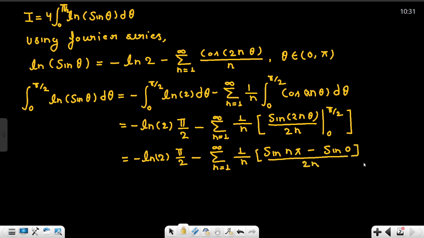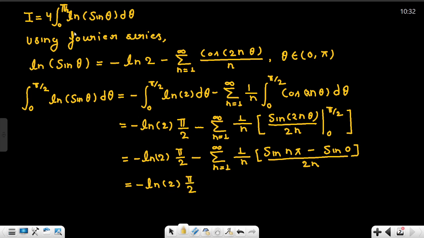Sine n pi is 0 for all integer n, and sine 0 is 0, so this quantity will be 0, so the whole quantity will be 0, so that is minus ln 2 times pi by 2, right?